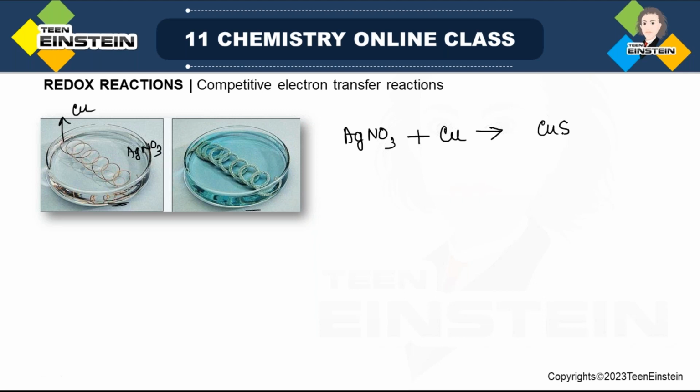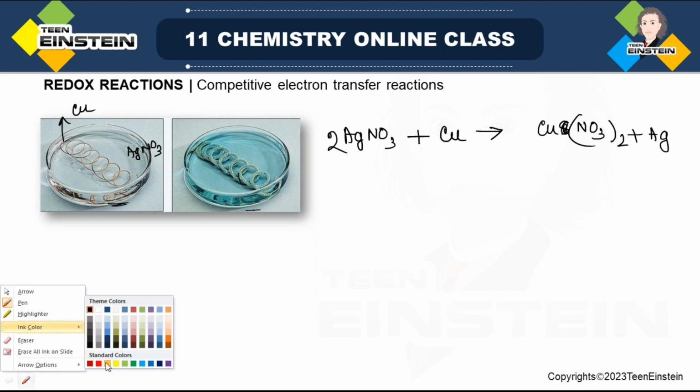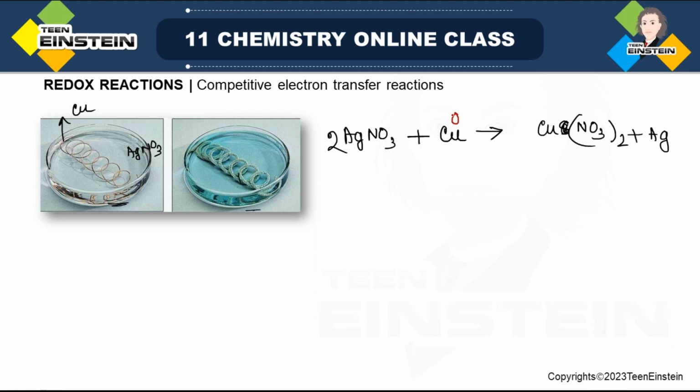So now basically it is Cu(NO3)2. If we balance it, it will be 2AgNO3 and Ag. And you can also see that on this copper wire there is some deposition of silver. That means, if we consider the oxidation number, copper is 0 before the reaction, silver has oxidation number +1.